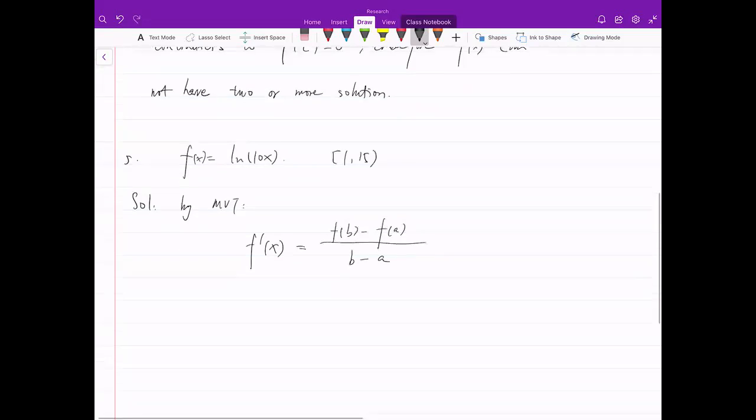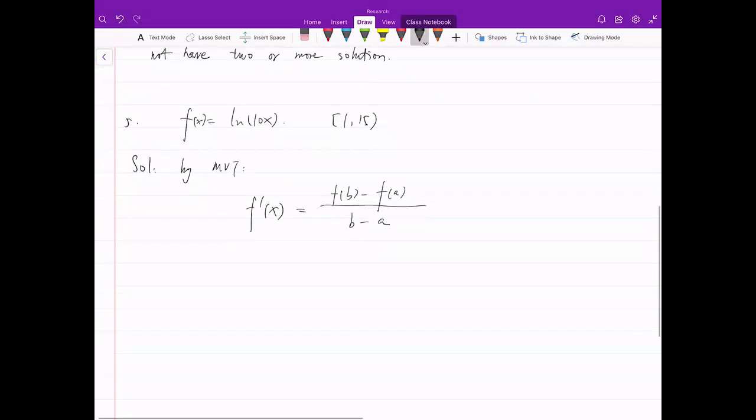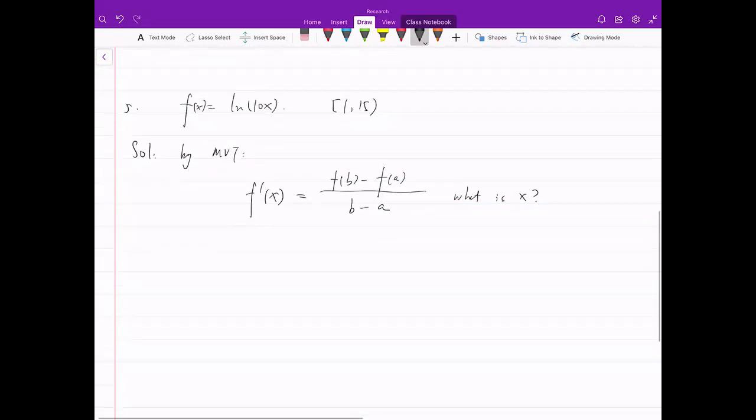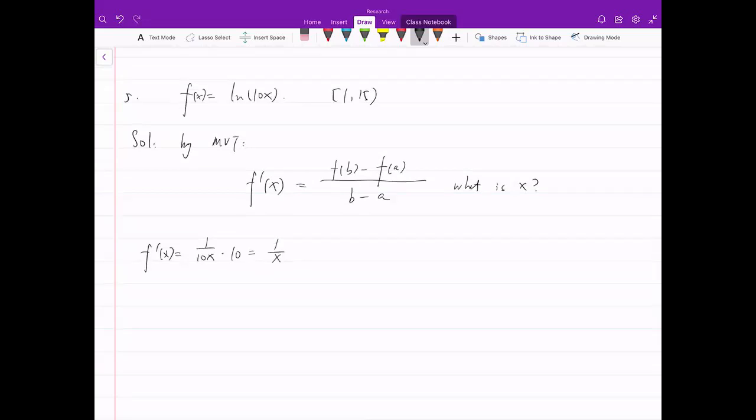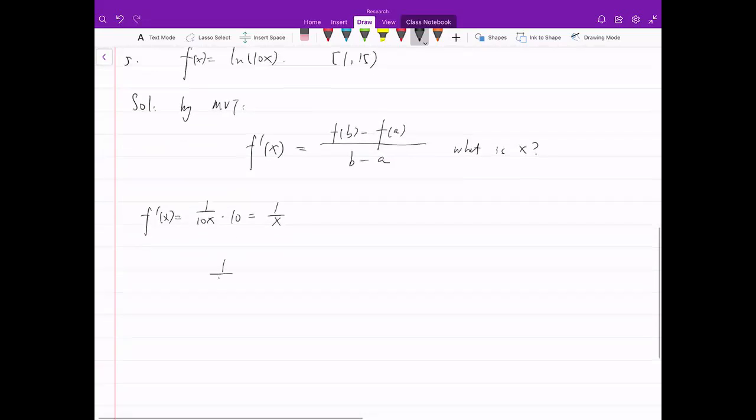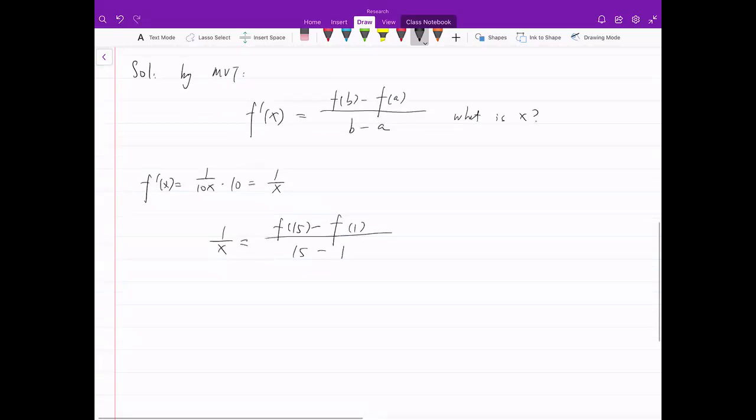That's where you have the average velocity equal to your exact velocity. Your job is to try to find what is x. Okay, so f prime x equals f(b) minus f(a) divided by b minus a. You can simply just add this: f(15) minus f(1) divided by 15 minus 1, which is ln 15 over 14.